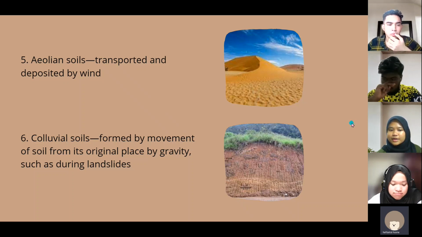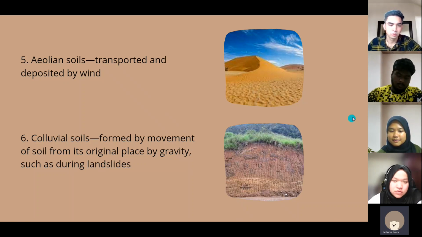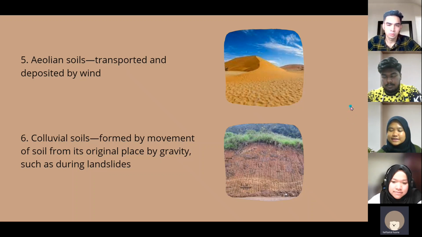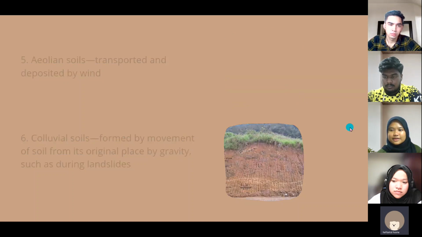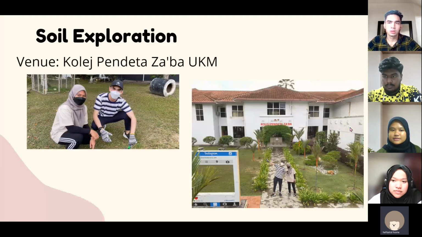It is formed by movement of soil from its original place by gravity, such as during landslides. During a landslide, soil akan jatuh ke bawah by gravity. So dia akan move from the upper to the bottom. Tanah yang terjadi yang dekat bawah tu dikenali sebagai colluvial soils. Okay, that's all for the transported soil.